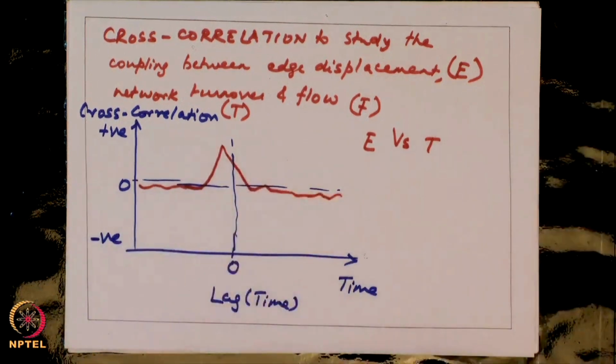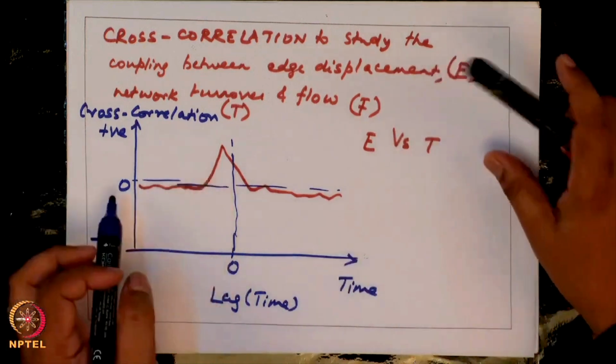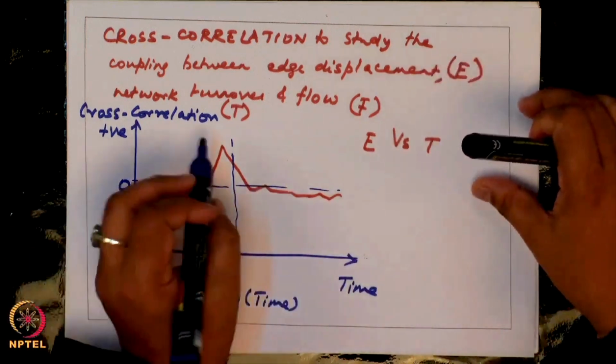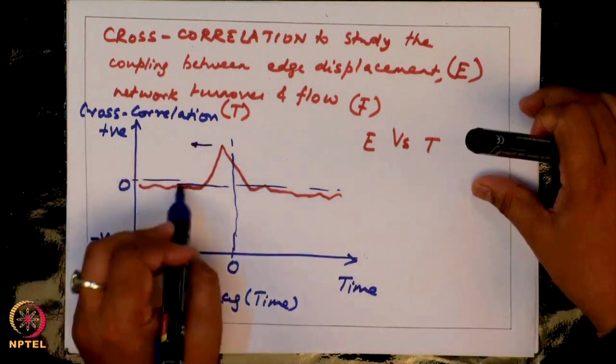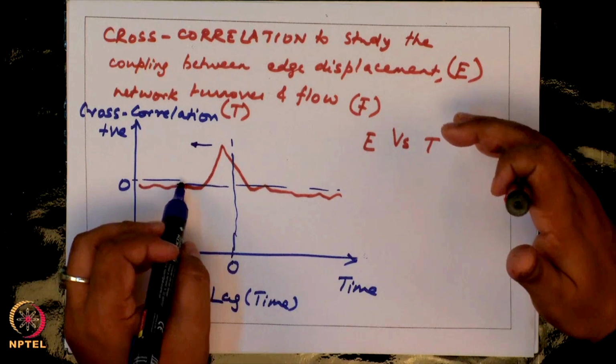If you notice the way I have drawn the curve, it suggests that at one point there is a positive correlation, and at other points it is mostly 0 or baseline.